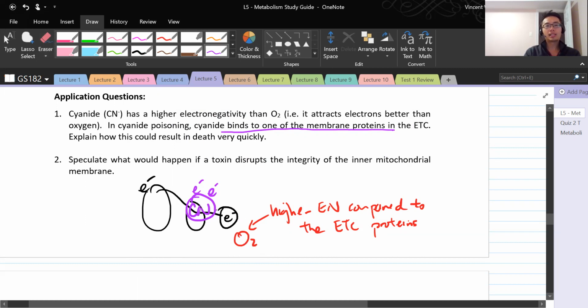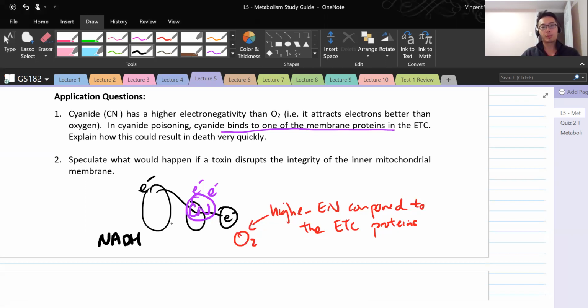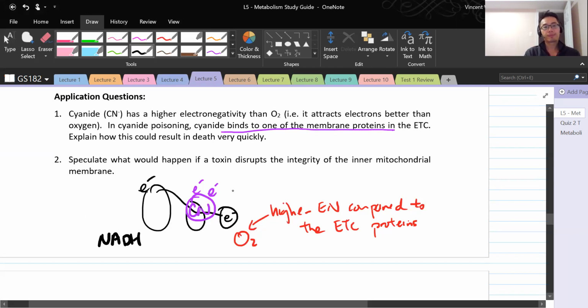As a result, the entire ETC is clogged. You can no longer deposit electrons on it. An NADH comes here but cannot put more electrons on because it's full. Therefore, you won't be able to generate the H+ gradient, you won't be able to produce ATP, and you die.